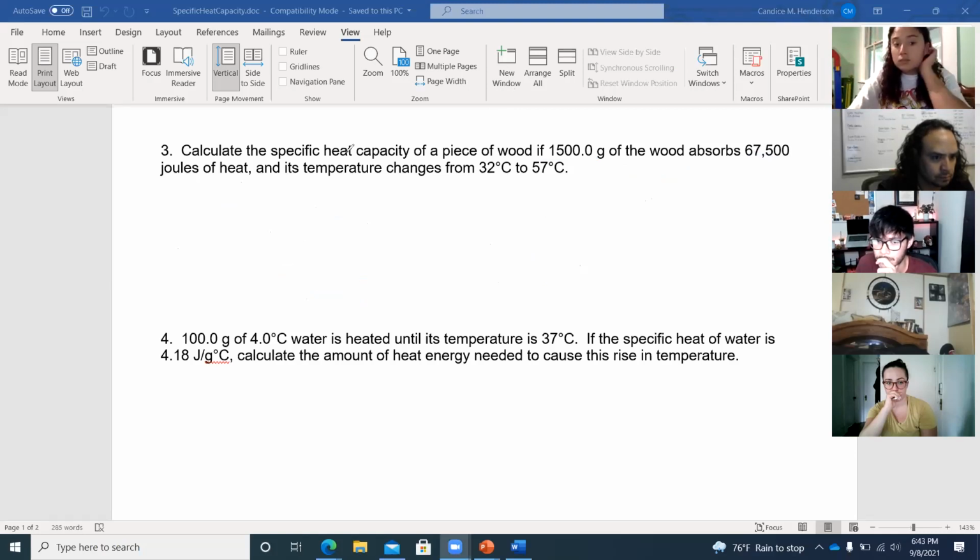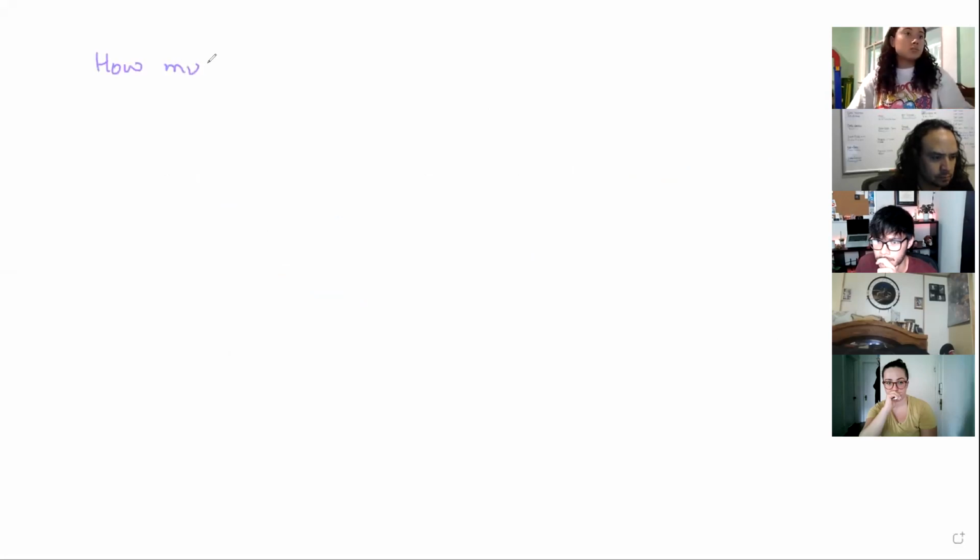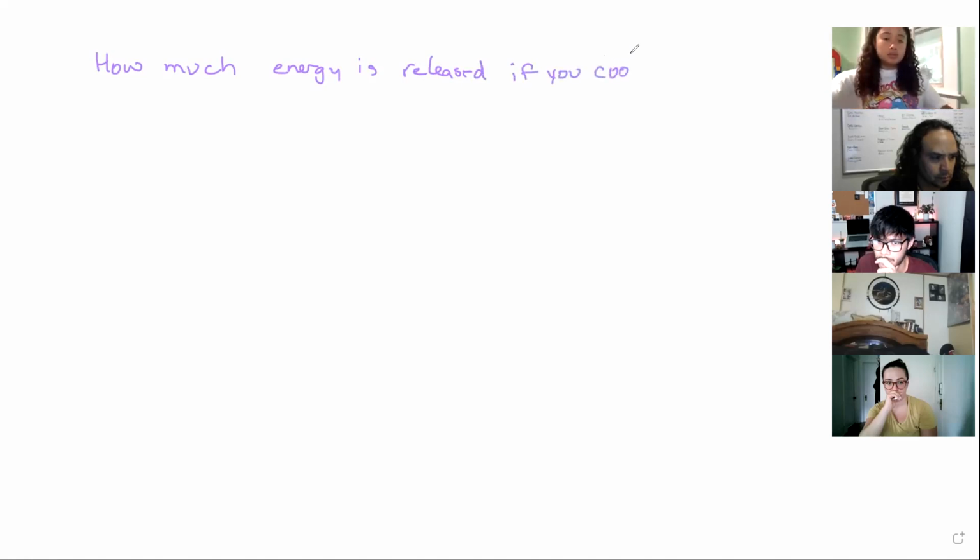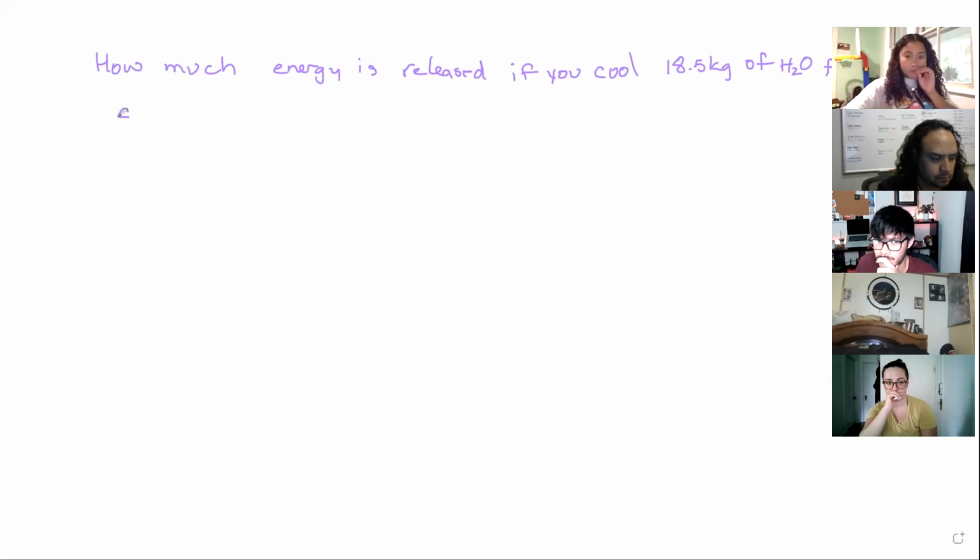How much energy is released if you cool 18.5 kilograms of water from 87.8 degrees Celsius to 13.5 degrees Celsius?